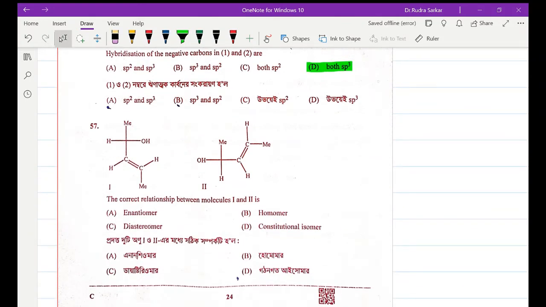Let us look at question 57, and as you can see we have to find out the correct relationship between the molecules 1 and 2. In both the cases we can see that the hydrogens over here are having opposite relationship to each other, or they are lying on opposite sides. Okay, that is one thing.